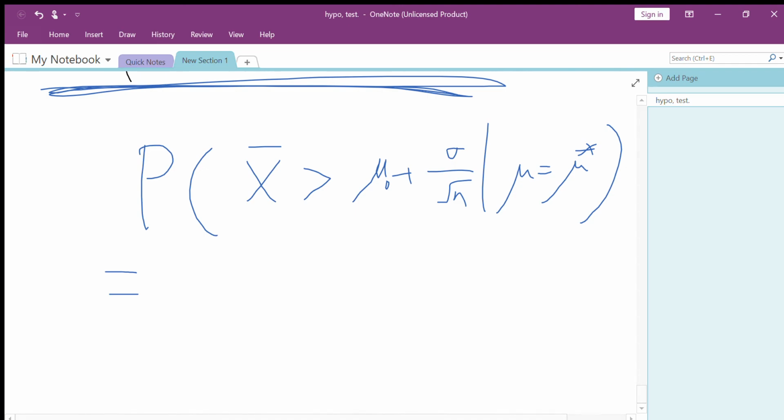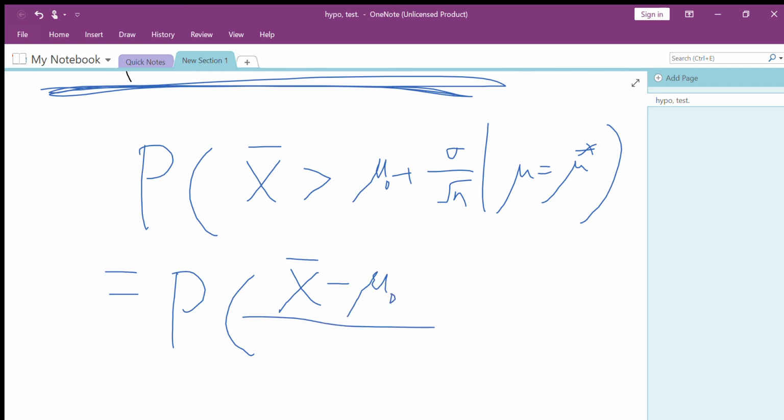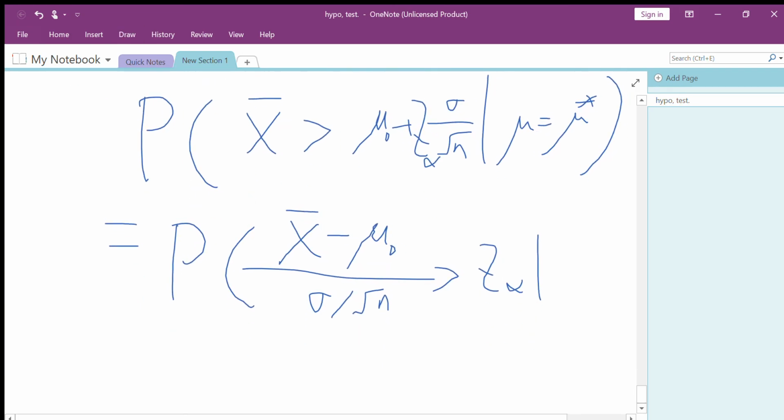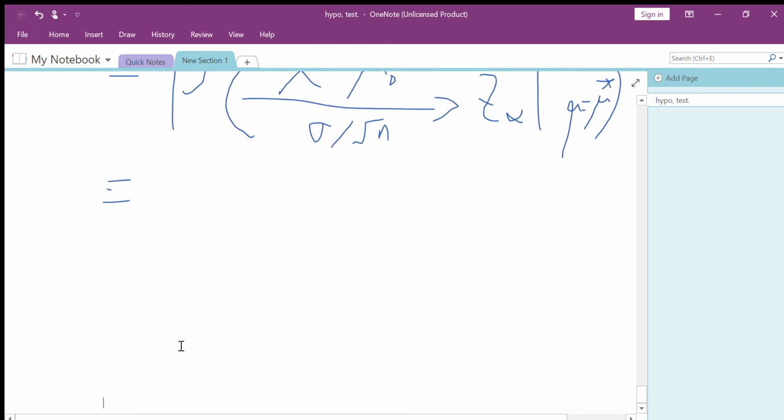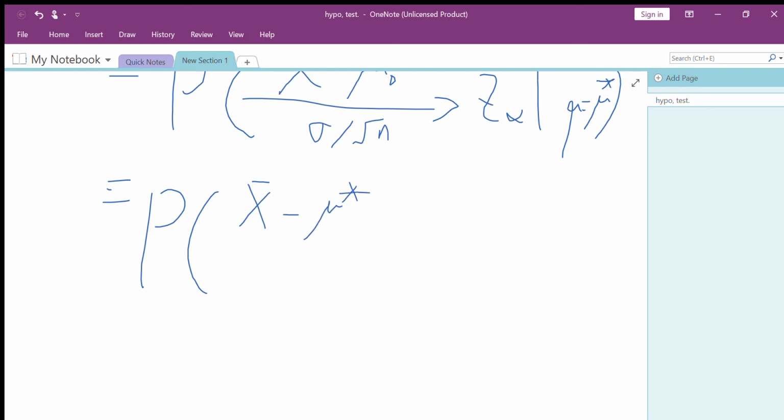So for this probability, remember the derivation for the C. Since we would like to use the information that mu is actually mu star, not mu 0, we subtract mu star and add mu star.